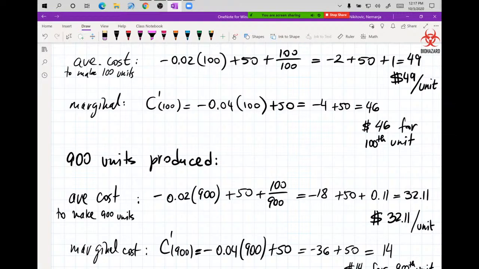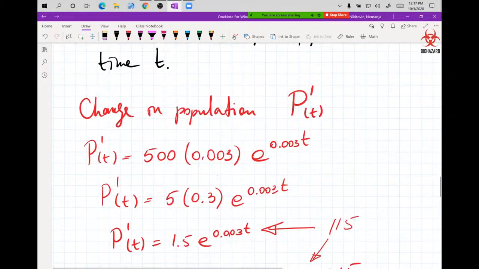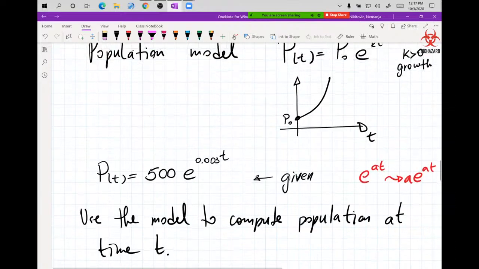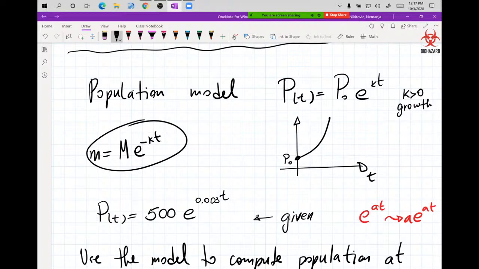So now, hopefully, you have seen a little bit of engineering, a little bit of economics, a little bit of biology, if you want to call it, or environmental stuff using population. You can use this also for garbage decay, and if you use the same formula in terms of mass, like m equals initial mass times e to the negative kt, you can talk about decay of garbage, radioactive decay, and so on, so environmental sciences, and you can talk about the rate of change of the amount of garbage in time, right?